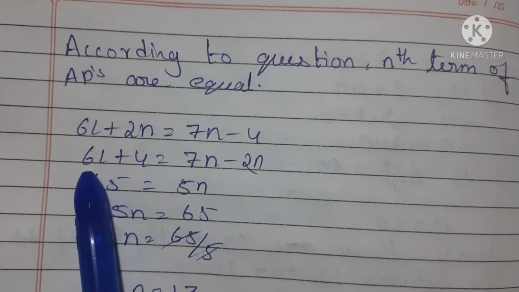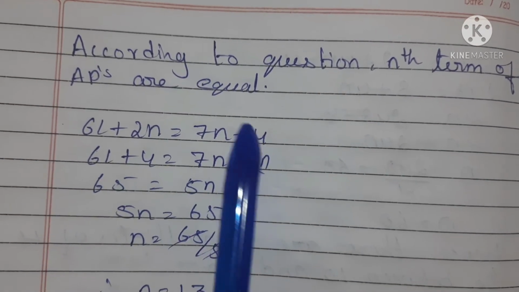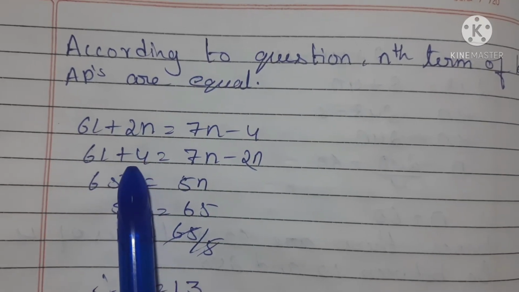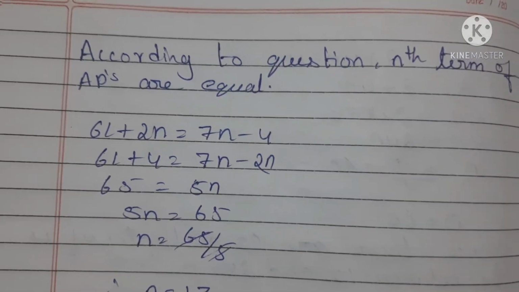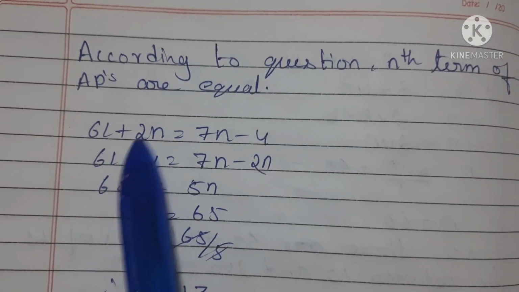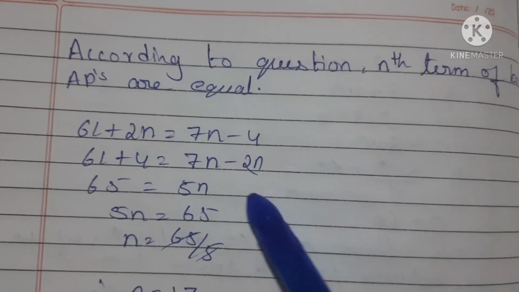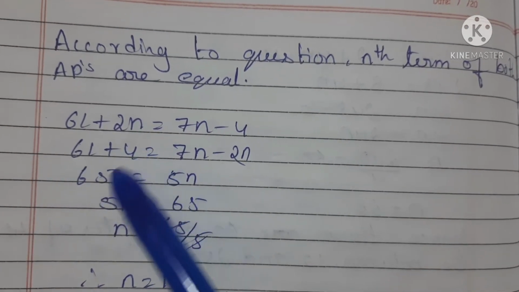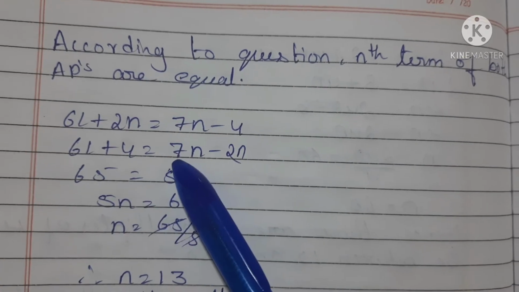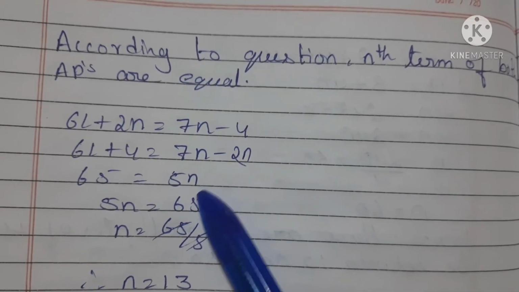Okay. Now 61 plus 2n equals 7n minus 4. Minus 4 comes to the left hand side and becomes plus 4, and 2n comes to the right hand side and becomes minus 2n. Now 61 plus 4 is 65, which is equal to 7n minus 2n, which is 5n.